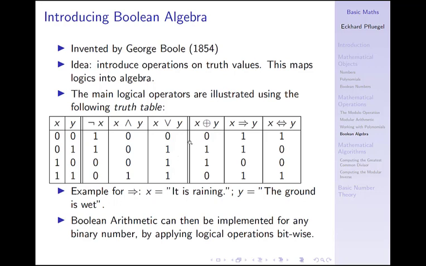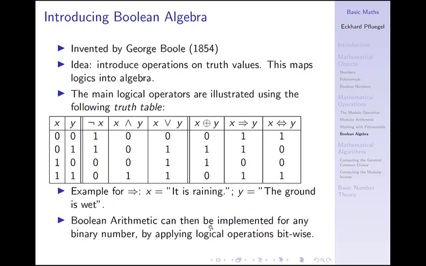So you could spend a lot of time thinking about this and doing some exercises with logical statements and translating them into expressions in Boolean algebra, but that's not really the purpose of this lecture. I will just finish by saying that if you now think again about binary numbers and this idea that the logical operators here could then also be applied to binary numbers.